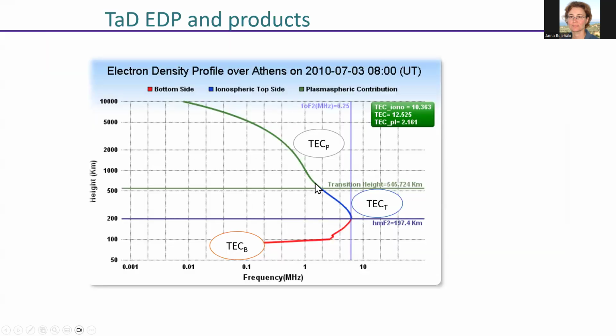This is an example of the profile, and it is obvious that if we integrate the electron density profile up to the level of the peak density or up to the transition height, we can calculate the partial TEC for the bottomside ionosphere, for the topside ionosphere, and for the plasmasphere.